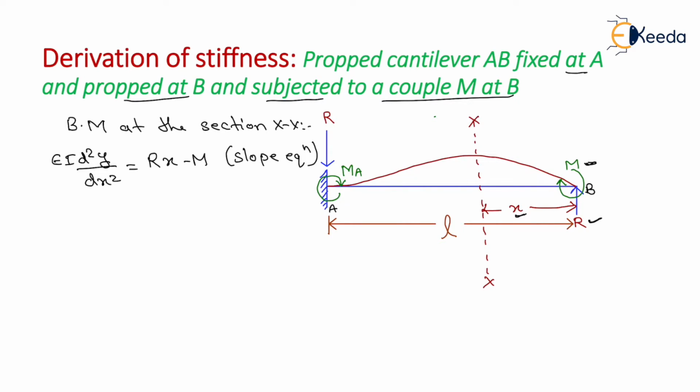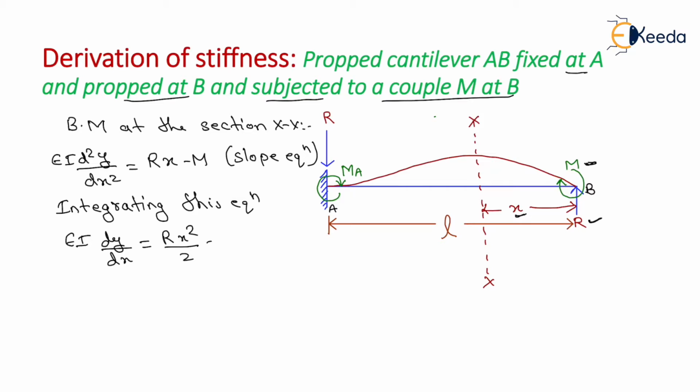Now we need to integrate this equation for finding the dy by dx. So integrating this equation, we will get EI dy by dx is equals to Rx square by 2 minus Mx plus C1.